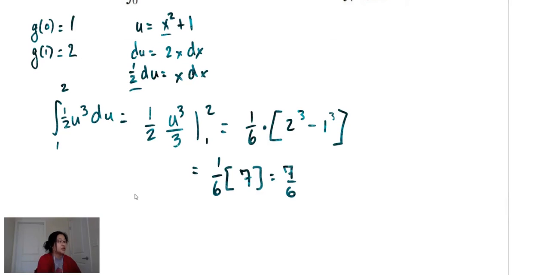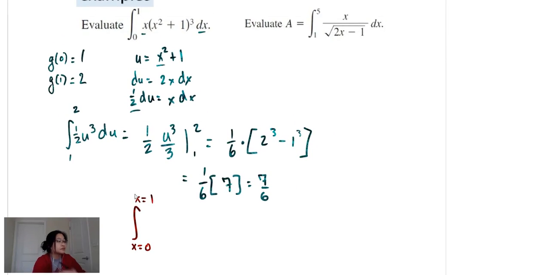So we have our integral from x equals 0 to x equals 1 of, and then if we take this part, our translated integrand, then we have 1/2 u cubed du.